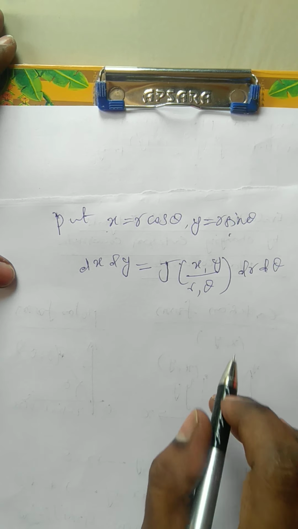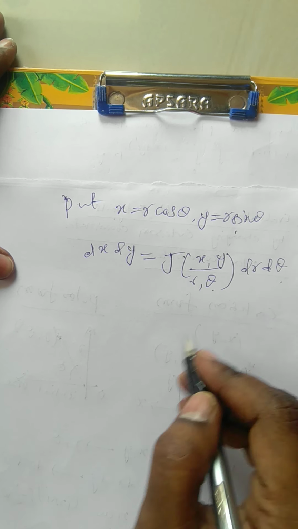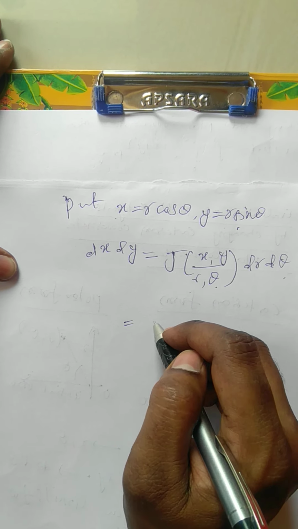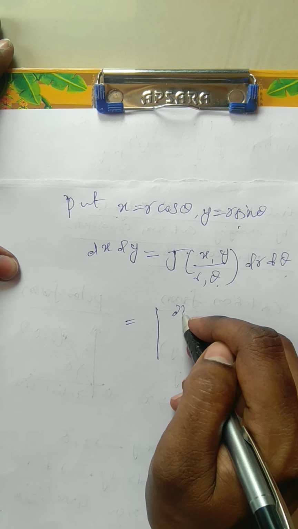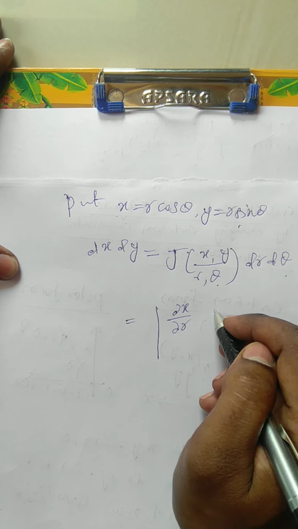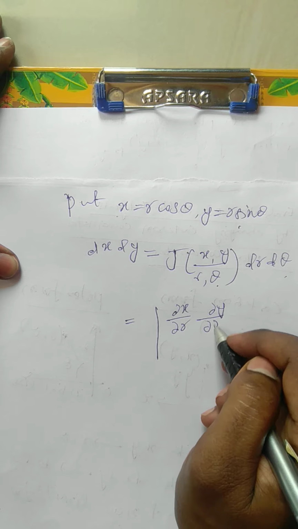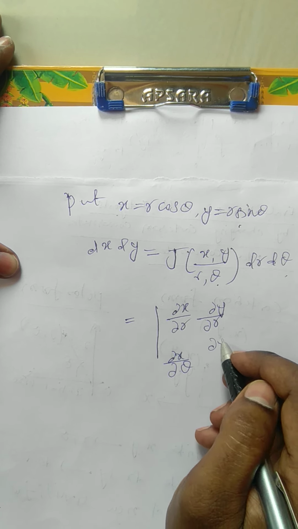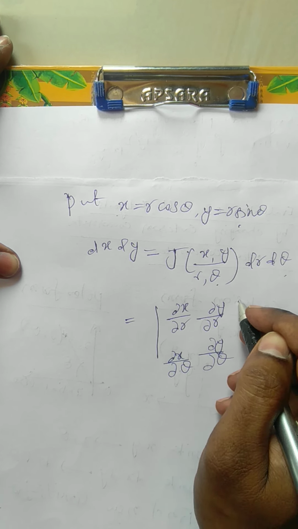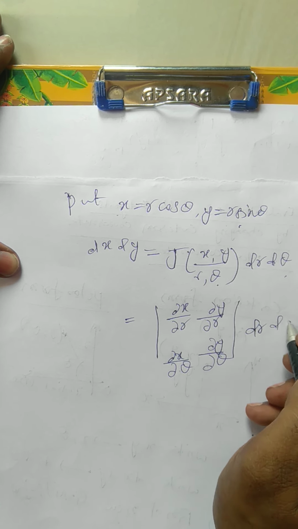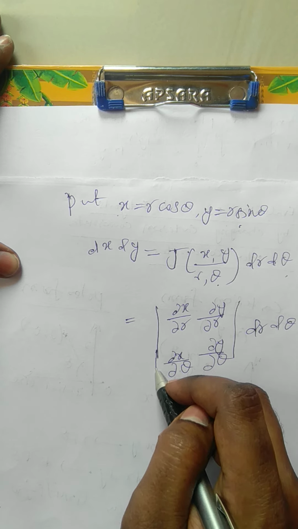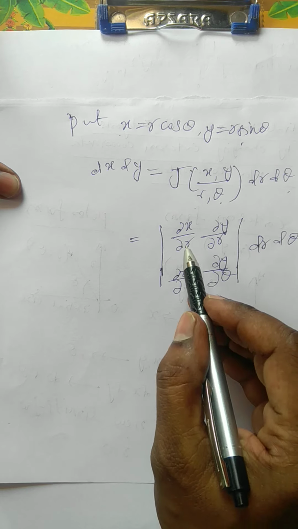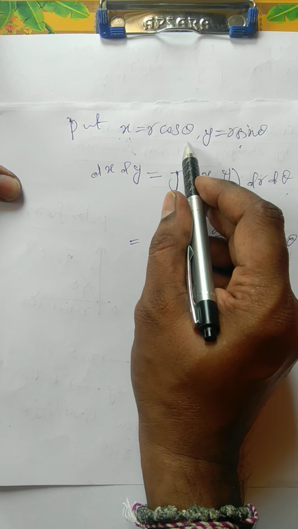Let me define this Jacobian: it is the determinant of dou x by dou r, dou y by dou r, dou x by dou theta, and dou y by dou theta, into dr d theta. Now we already have the values. What is dou x by dou r? Dou x by dou r equals cos theta.